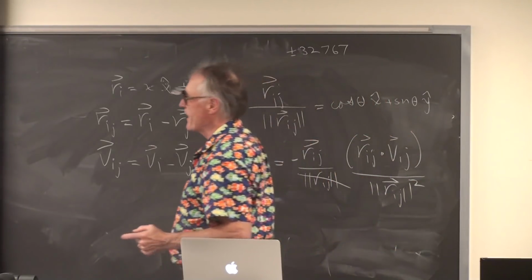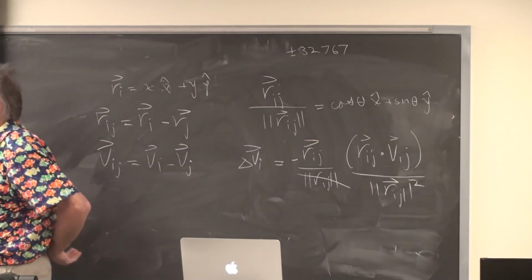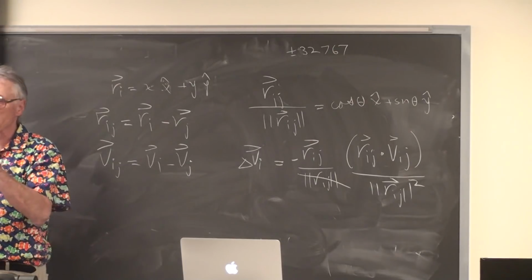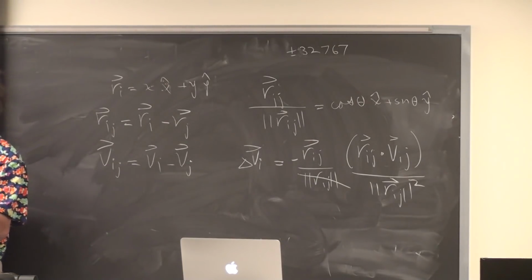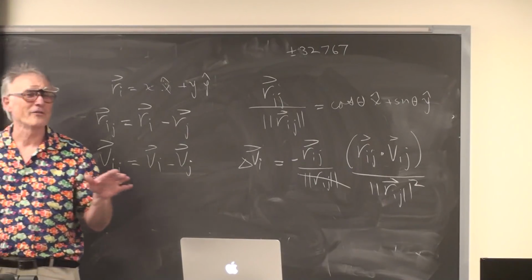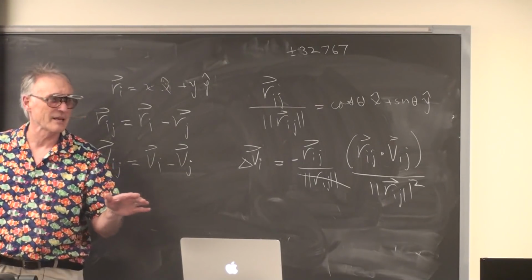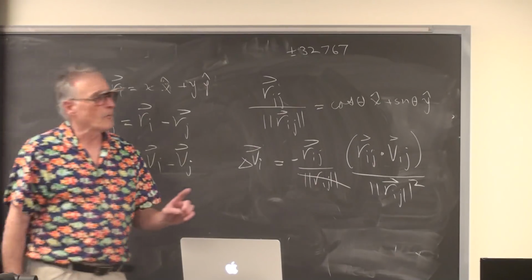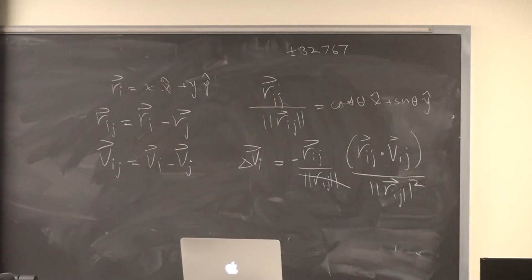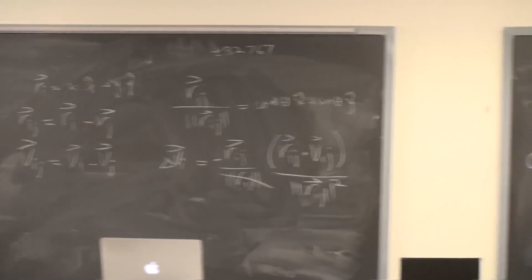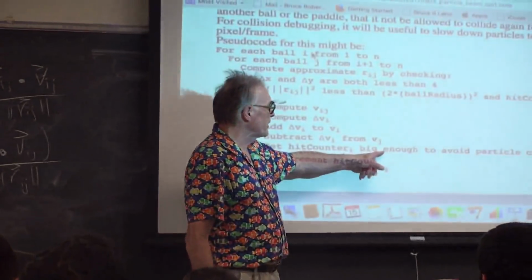The way we're going to fake it is we're going to say, if a hit occurs once, we don't let it occur for n time steps. That allows the balls to get away from each other so they can't stay bound. So if there is an impact, then we're going to set the hit counter big enough to avoid particle capture.